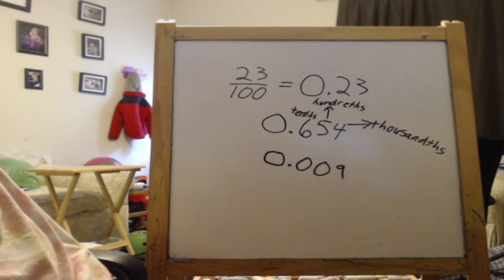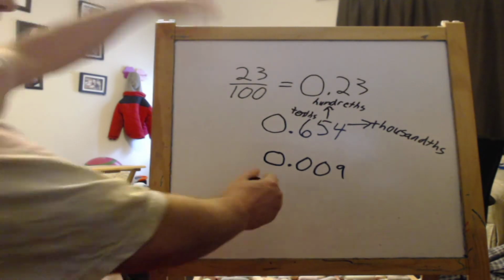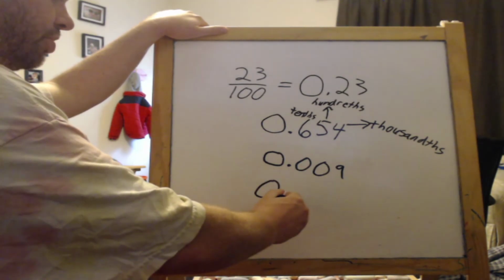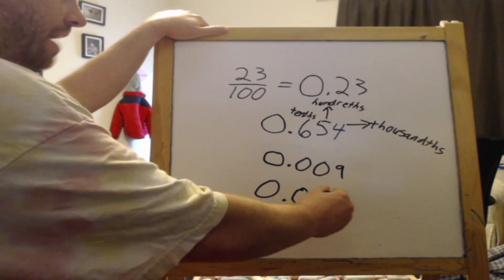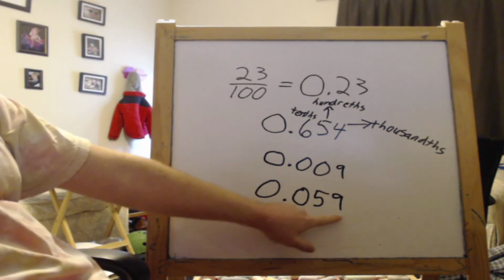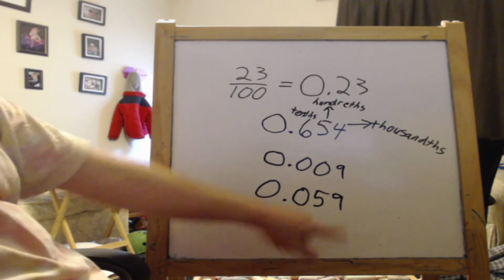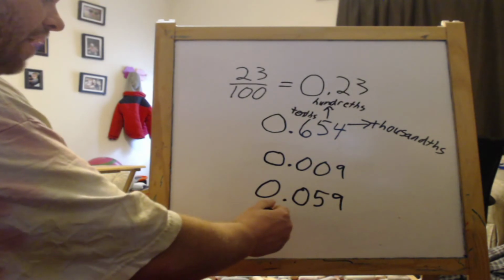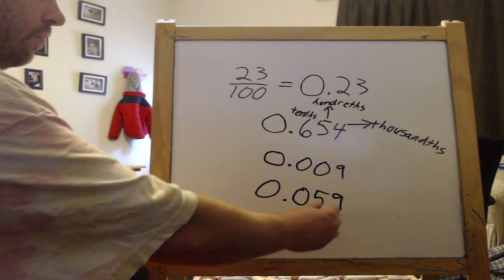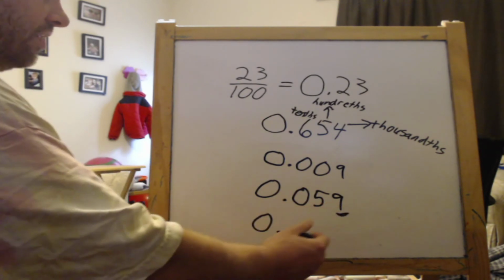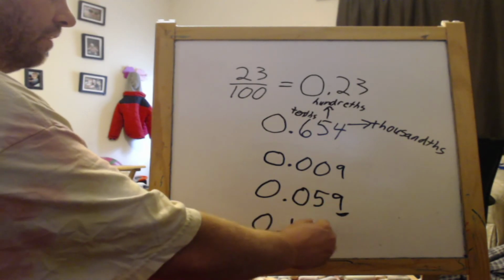Now if I were to say 59 thousandths, I have to make sure that the last digit of 59 is in the thousandths place. So the 9 is once again in the thousandths place. So this would be 59 thousandths. And if I were to say 459 thousandths, remember, the last digit has to be in the thousandths place, so it would be 459 thousandths.